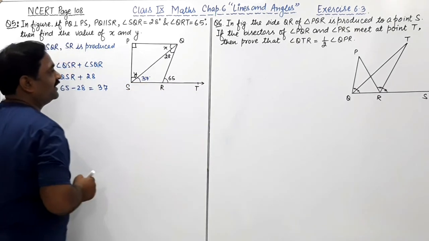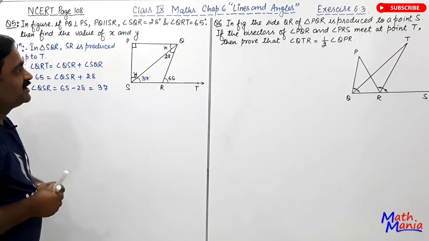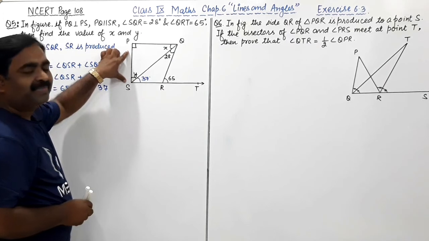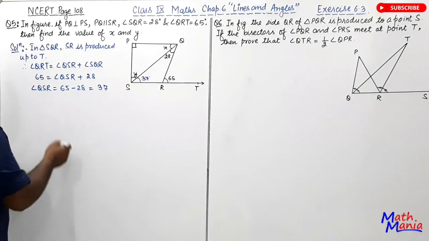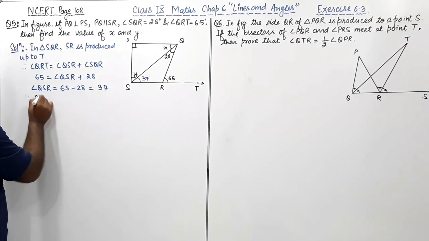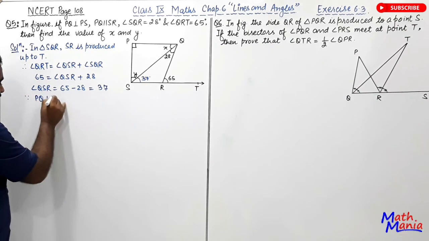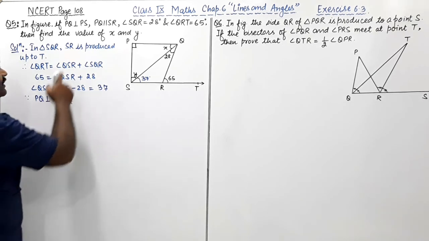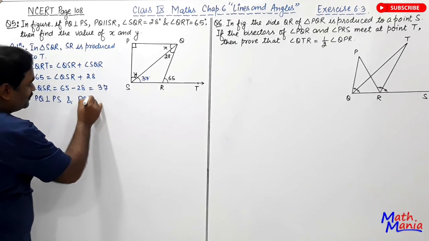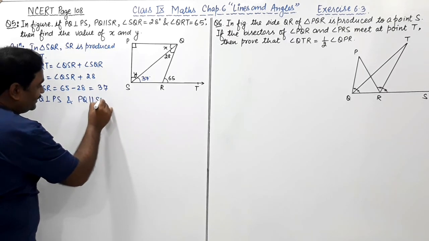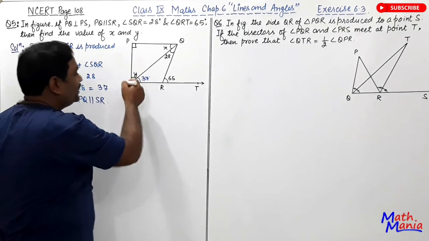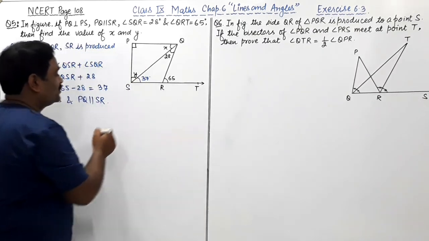This is 37. Now, PQ is perpendicular to PS, right? Since PQ is perpendicular to PS and PQ is parallel to SR, it is clear with this concept that PS is perpendicular to SR also.